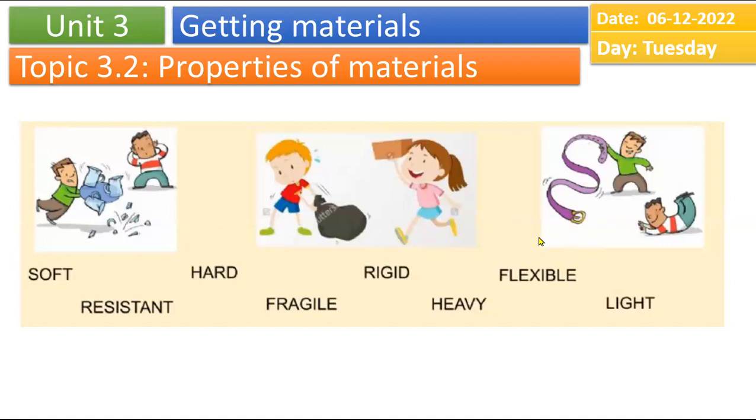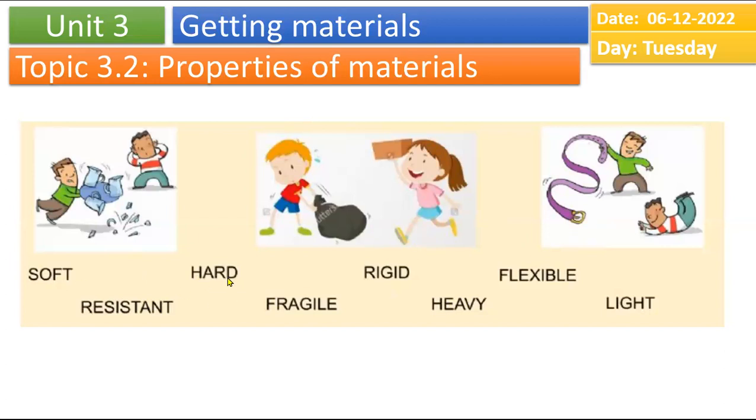So here are the different materials. So we have to look for the properties, right? Which material is hard and which material is strong and soft. For example, so here we have a soft material, okay, like the tissue. Tissue is a soft material.